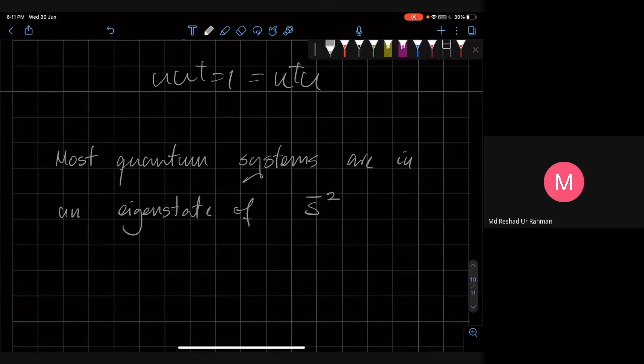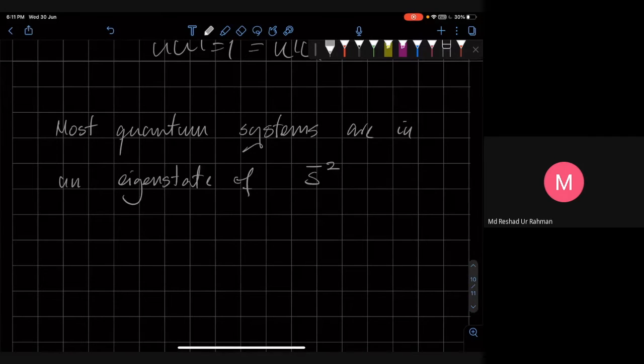This is another way of saying that most quantum systems have some well-defined spin eigenvalue. Okay, so suppose we have such a quantum system with such a quantum state, and its state is psi. Then we can express it. So it has some given S value.